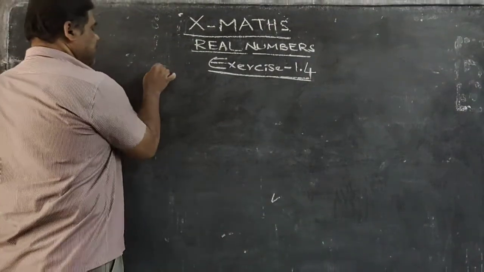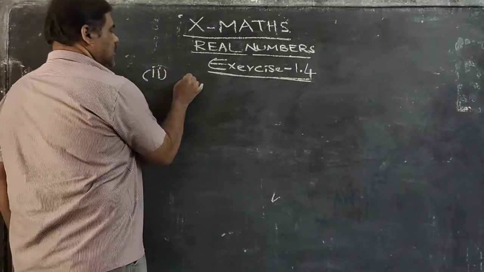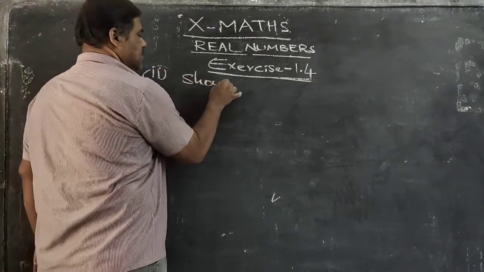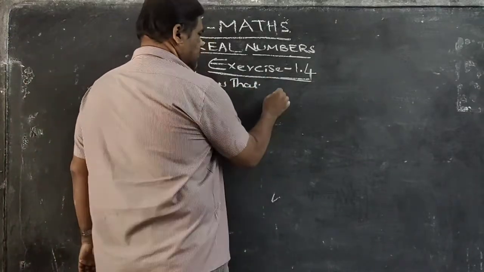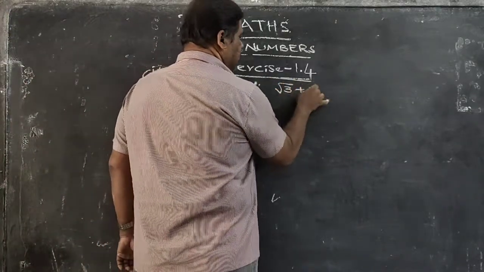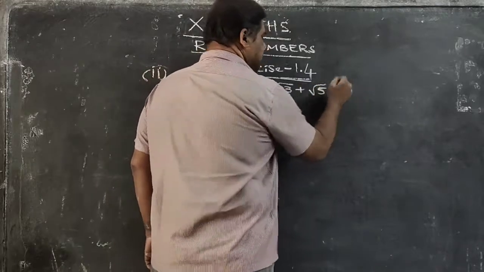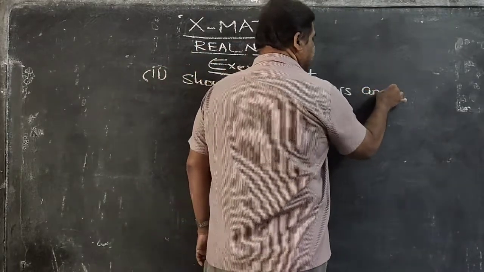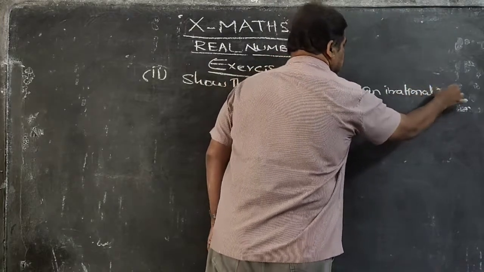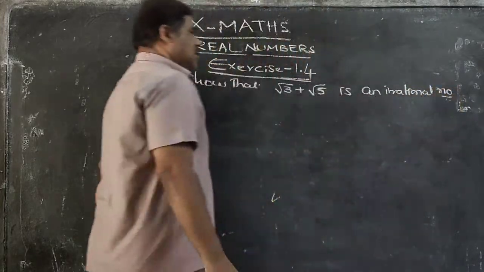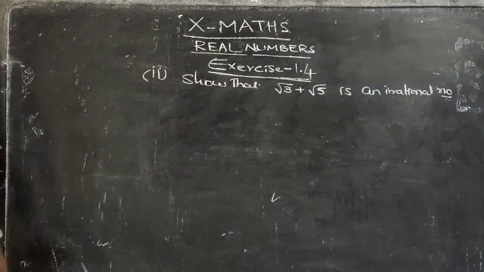Right, second bit. Show that root 3 plus root 5 is an irrational number. Let us show that root 3 plus root 5 is an irrational number.